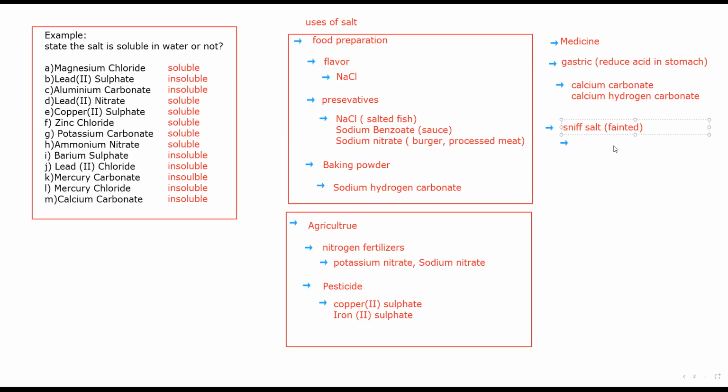When fainted, then you can take it. Ammonium carbonate. This is ammonium carbonate. If you faint, you take this one, right? Sniff salt, ammonium carbonate. It is used in that one.